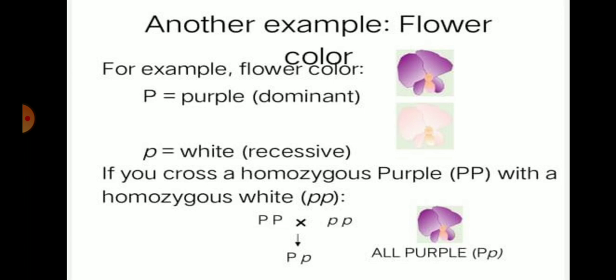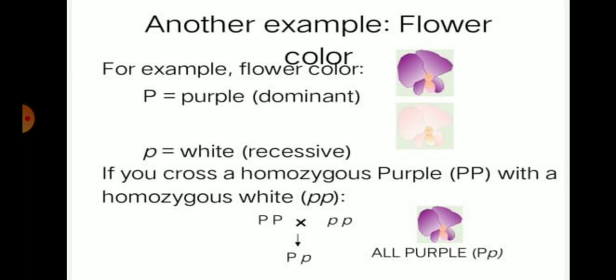If we cross this homozygous purple, homozygous meaning having two similar, identical genes or alleles, so both are capital P for the purple color, dominant in nature, with the homozygous white, homozygous meaning similar, so for white it is small p, recessive in nature.